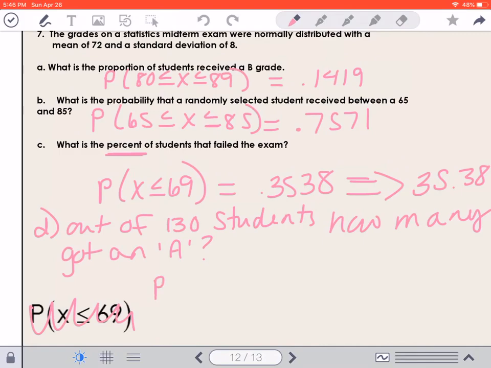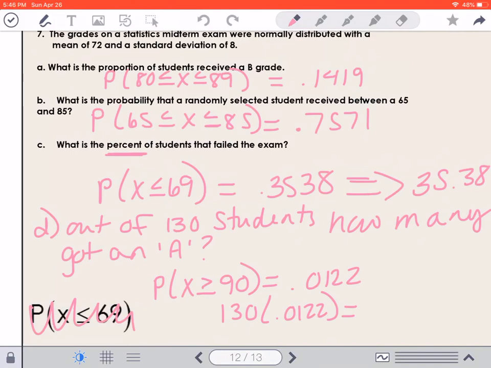Okay, so the probability of getting an A are going to be the people who made greater than or equal to a 90, right? Those are the probabilities of getting an A. If you put that into your calculator with a normal CDF, you should get out 0.0122. Okay, so what that means is 0.0122 of the population that we have actually made an A. So if we have 130 total students and 0.0122 of that population made an A, that gives us about 2 students when rounded to the nearest student.